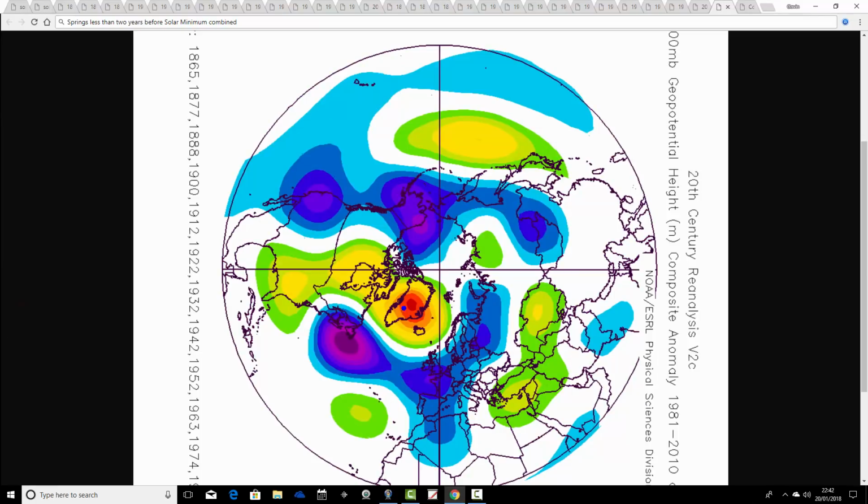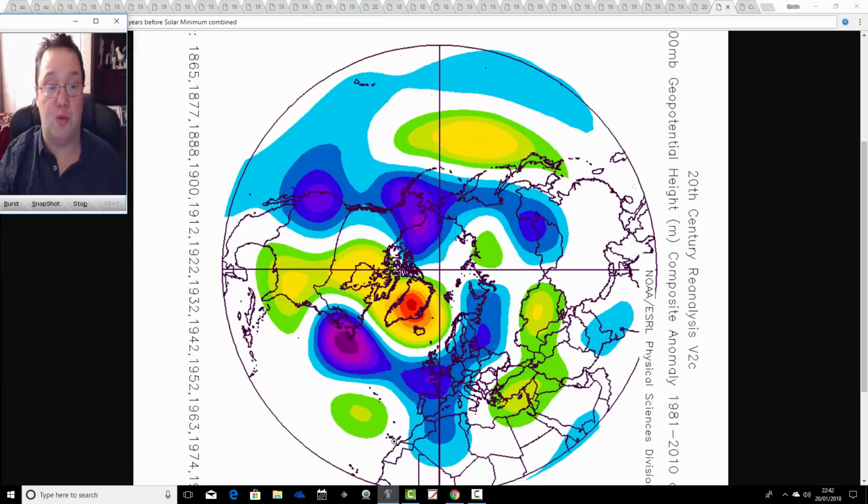It does look overall like it's a blocking signal, quite a coldish signal with these springs, favouring more blocked and colder conditions. But we do have to take into account the variability that we saw with the later springs, because I think a lot of that blocking is probably going to be down to the earlier springs in the 1800s, in the Victorian era, just into the start of the 20th century, which is overall a much colder period, of course.